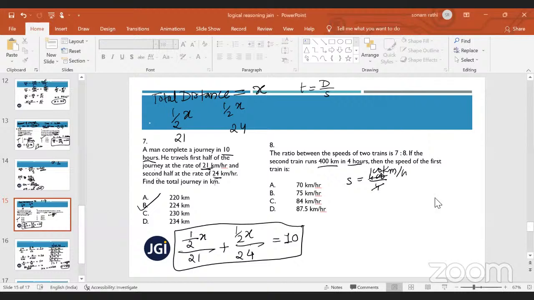Hundred kilometer per hour. Ratio of speed of two train is speed 1 upon speed 2 is 7:8.